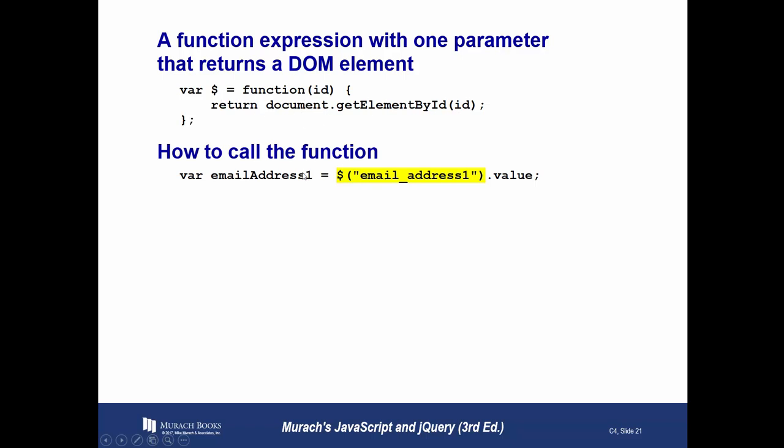So if we didn't do this, we'd have to say var emailAddress1 equal document.getElementById, then in the parentheses, emailAddress1 dot value. So it's an alias, and it allows you to do a lot less typing, and with many JavaScript programmers, it's going to be one of the first functions, if not the first function in their programs.